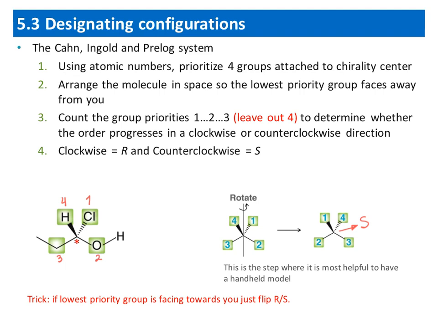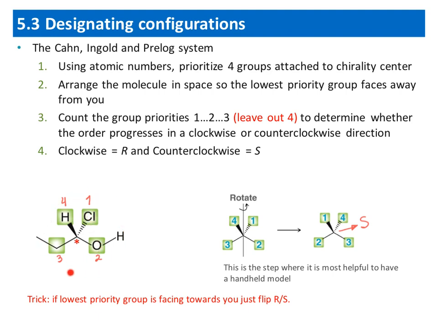Now, sometimes the molecules that you are dealing with are very complicated, so it's not always easy to rotate the whole molecule. There is a trick here. Look at this molecule. After giving the priorities, start counting: 1, 2, 3.